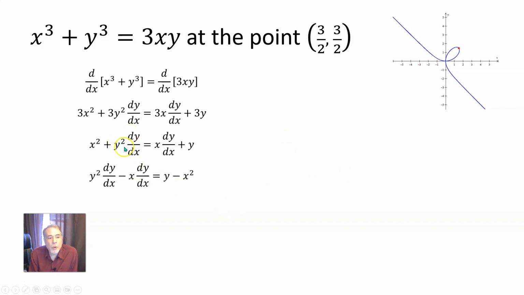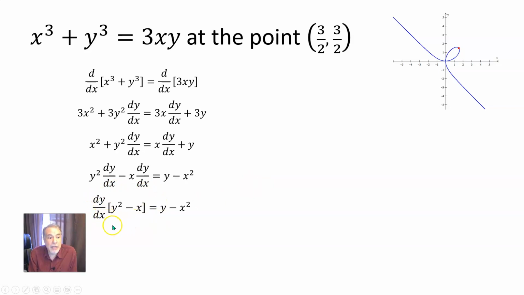Now, I've left the y squared dy/dx where it is, but I've subtracted x dy/dx on both sides. And then over on the right, I've left the y where it is, but I have subtracted x squared on both sides. So now on the left, I've got both my dy/dx terms, and I'm going to factor out the dy/dx.